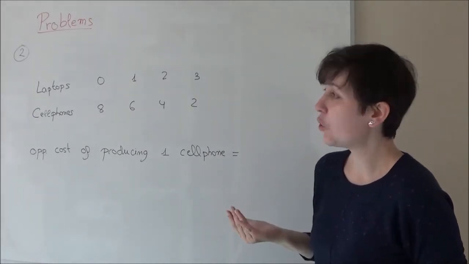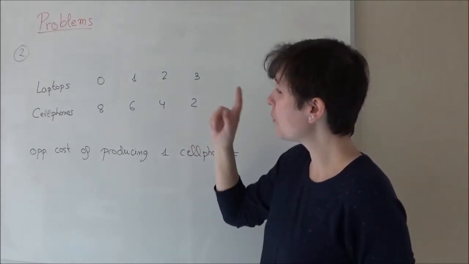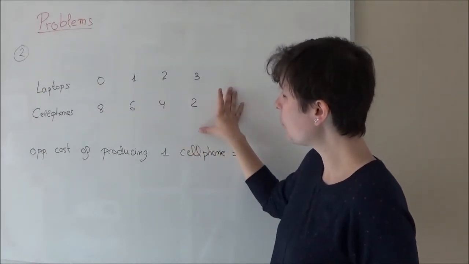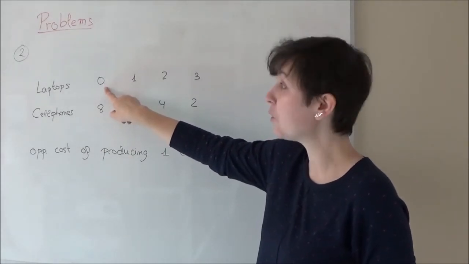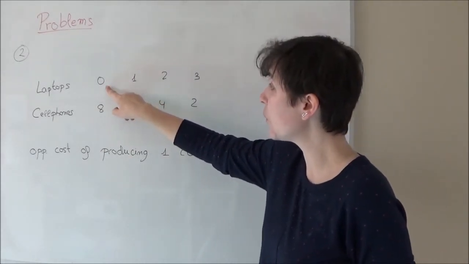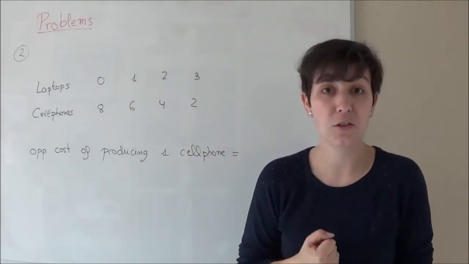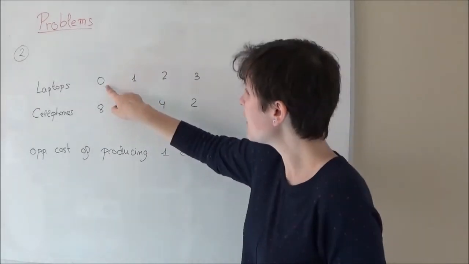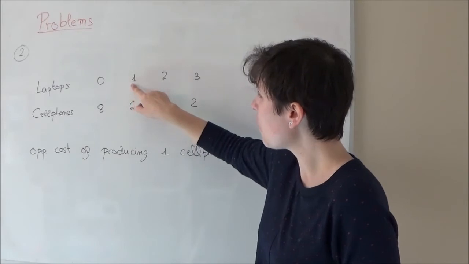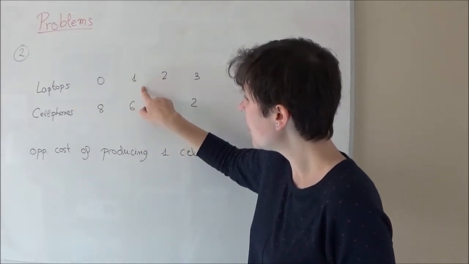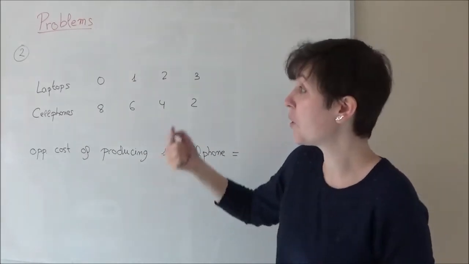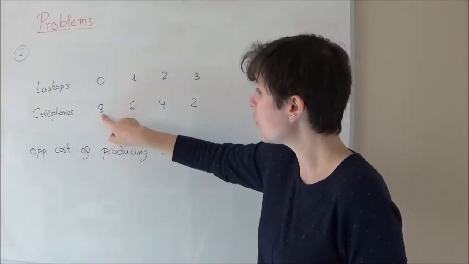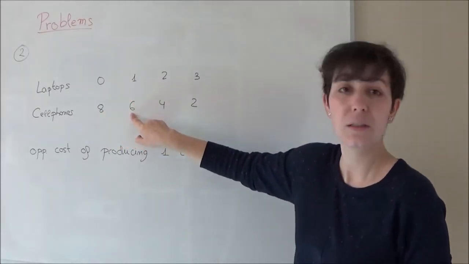What I'm telling you is, you see this table, you have here when the production of laptops is 0, and you see what's going on when you increase by 1 unit the production of laptops. In fact, you can see that if you produce 1 laptop more, which is the opportunity cost of producing 1 laptop more, you are going to reduce by 2 units the cell phones.